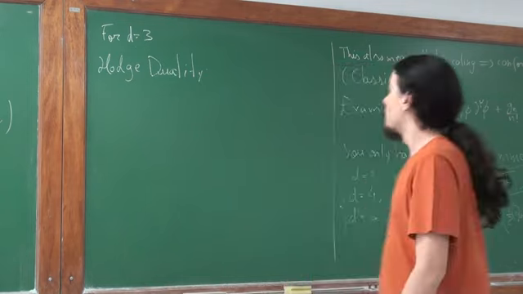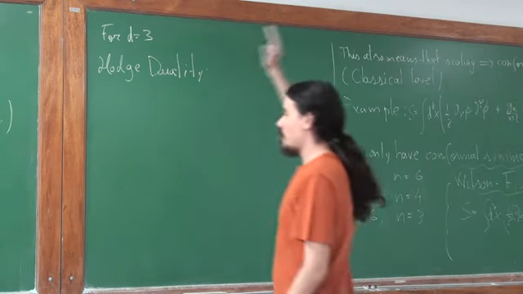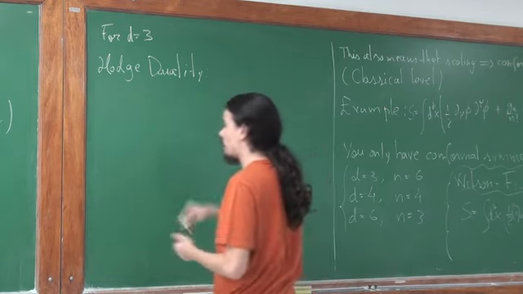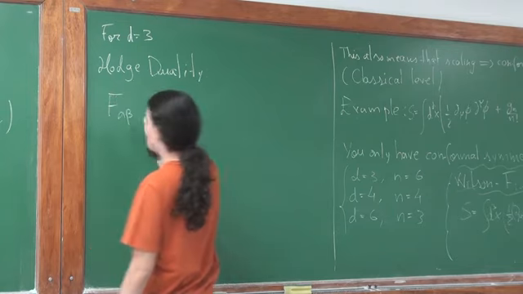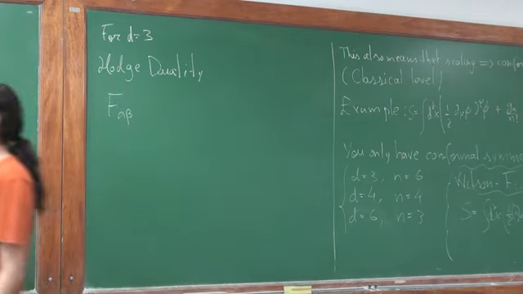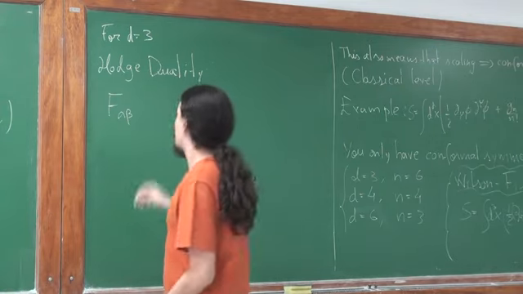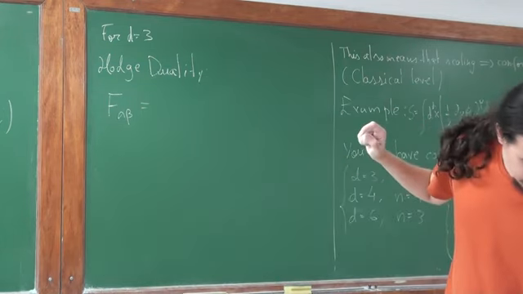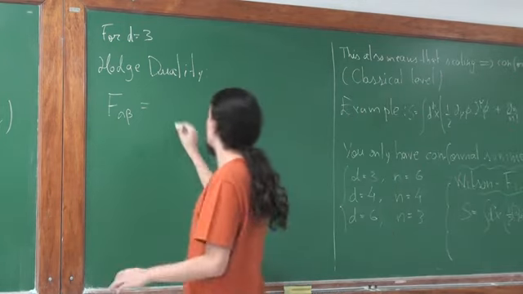Okay, but just returning here, for 3 dimensions we have this Hodge duality. What does it mean? It means that I can associate a duality between this gauge field and a scalar field, that is given by this. I never know what the factor of half is.